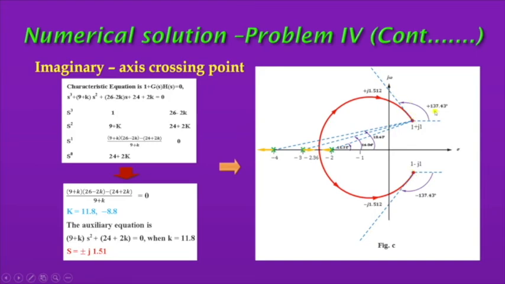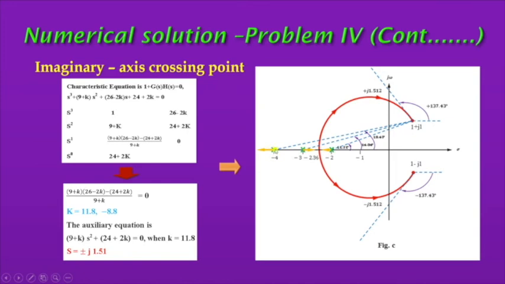So draw plus 137.43 degrees and minus 137.43 degrees for the complex zeros. The root locus enters this complex zero by this angle, and similarly the other one enters the other complex zero by this angle.